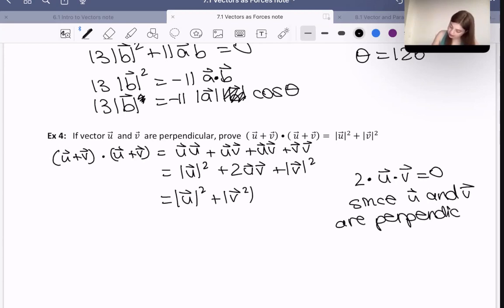Because if we have u dot v is 0, then 2 times 0 is just 0, right? And so therefore we proved it, right? It's important to write this fact so it doesn't just look like we're making the 2 u dot v vanish, but when we actually explain and show how it is actually going to vanish, then that really helps our case.